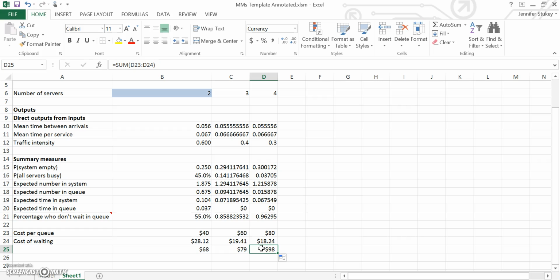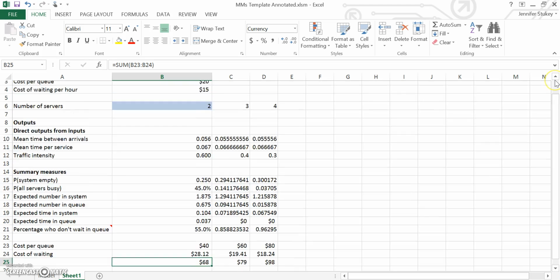So our most cost-effective approach is to use 2 queues even though more customers wait in line. So here you have 55% of people don't wait in the queue versus 85% versus 96%. However, it's still more cost effective.